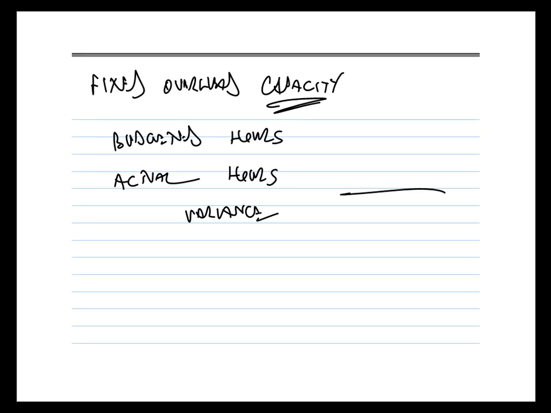You can imagine if you work more hours in a day than normal, that gives you a higher capacity to make things. If you work fewer hours, that gives you a lower capacity to make things, regardless of how fast or efficient you are. Now, to work out the fixed overhead capacity, a bit like most variances, we're comparing budgeted, in this case hours available, versus the actual hours that were worked.